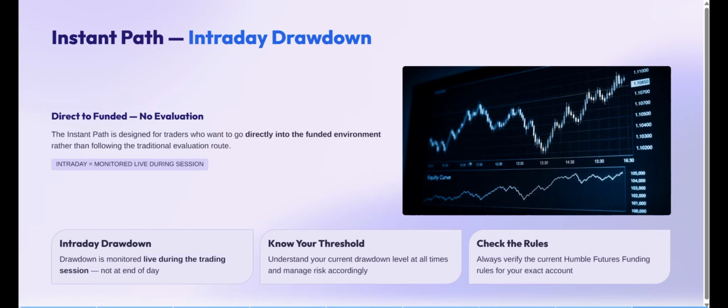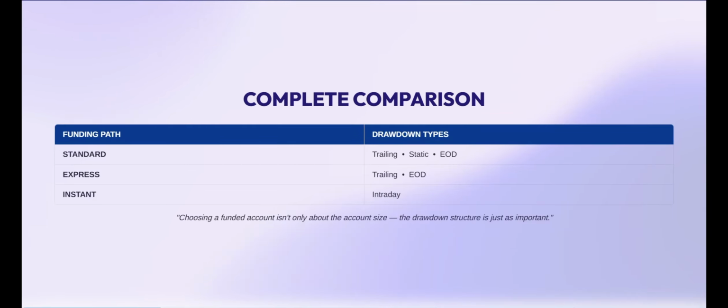With an intraday structure, the drawdown is monitored during the trading session. So if you're considering instant funding, make sure you understand your drawdown threshold and how it's calculated before you start trading. Together, the standard path offers trailing drawdown, static drawdown, and EOD drawdown. The express path offers trailing drawdown and EOD drawdown, and the instant path uses intraday drawdown. So as you can see, the drawdown structure can be different depending on the funding path you choose.